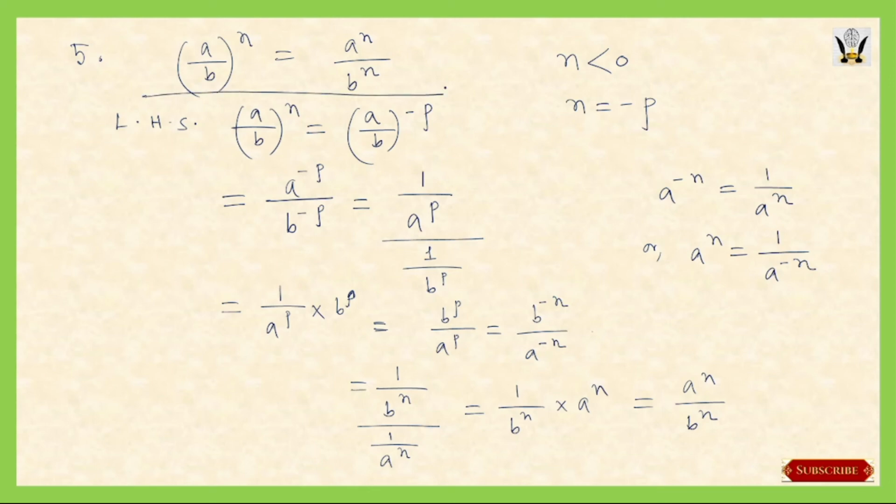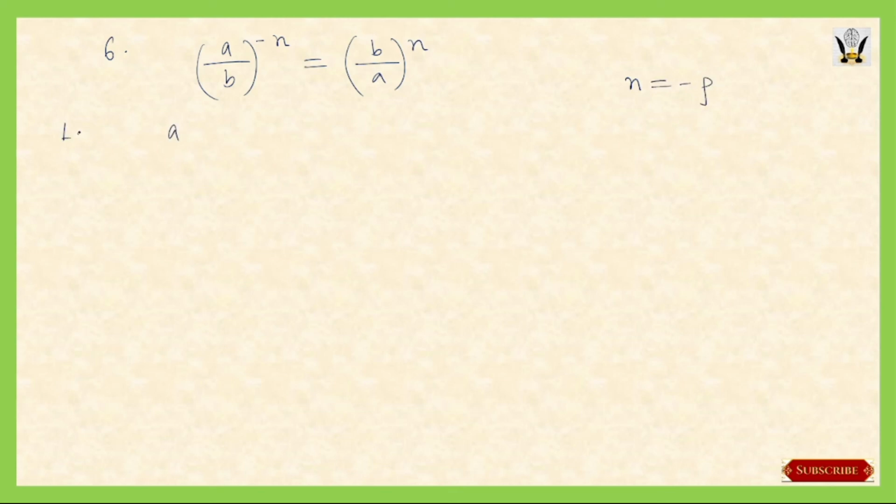Now the next law says that a divided by b to the power minus n will be equal to b divided by a to the power n, and this is also one important property which saves time if we know this rule. Otherwise in the exam we have to always find this value. Again we have one exponent which is negative, so let's assume n is equal to minus p.